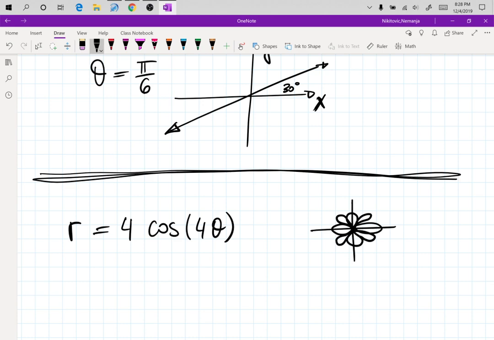Right? Then you are going to go back to 4. Now, back to 2, so that you can print your 4 petals like this. And then you say, okay, if I swap with a different trig function, if I put sine, what would happen?